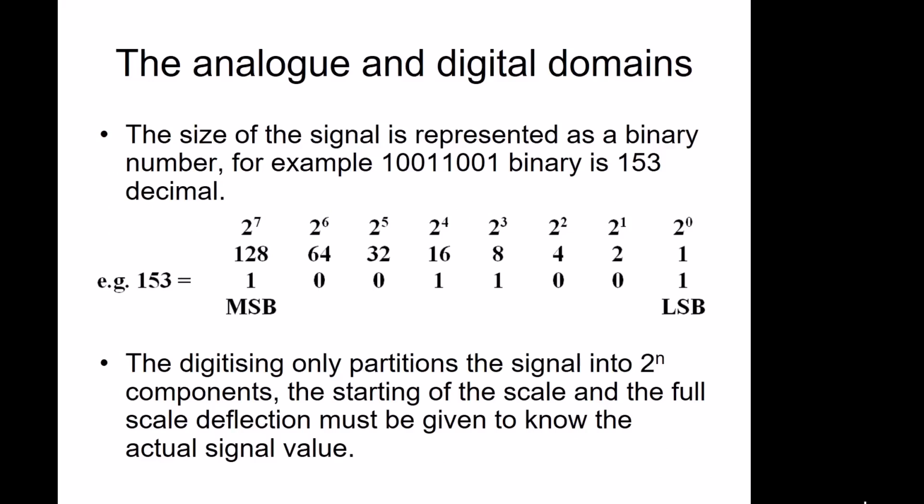When we digitize, the signal will become a binary number. So depending on how many bits you have, that then determines how many levels of digitization you have. So for an 8-bit digitization, 2 to the n is 256. So you will have 256 different levels of value to represent that analog signal.